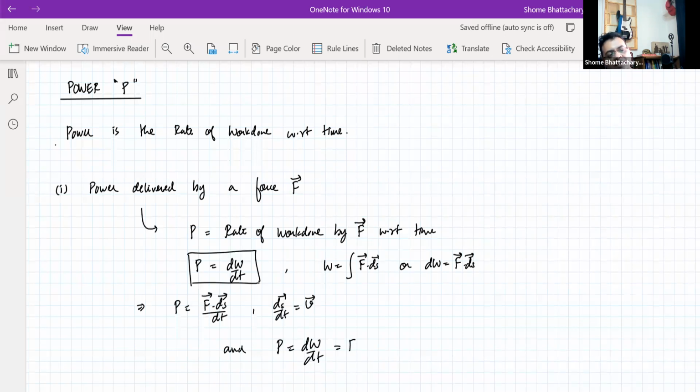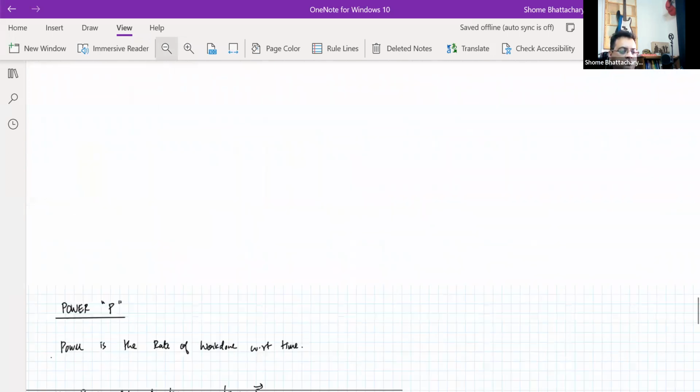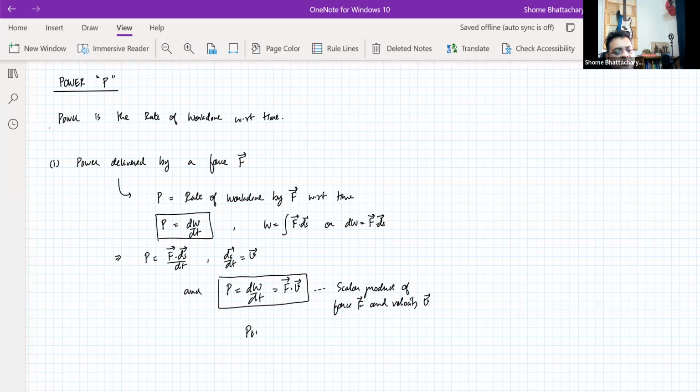It becomes equivalent to F dot V. So power can also be expressed as the scalar product of the force and velocity V. Power is expressed in watts in SI system, where 1 watt is equal to 1 joule per second.